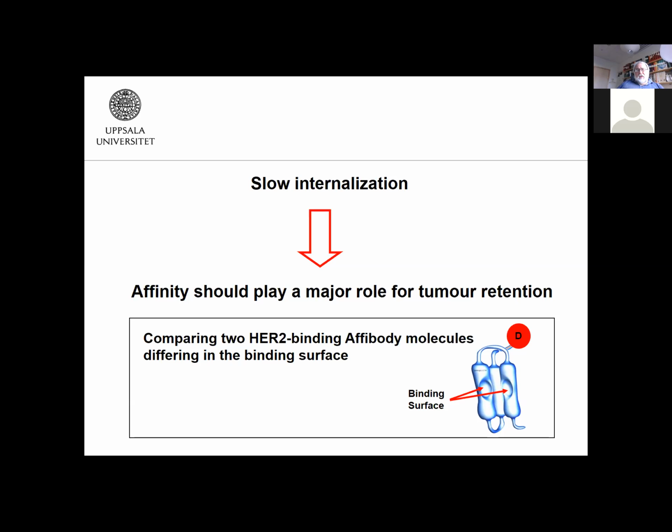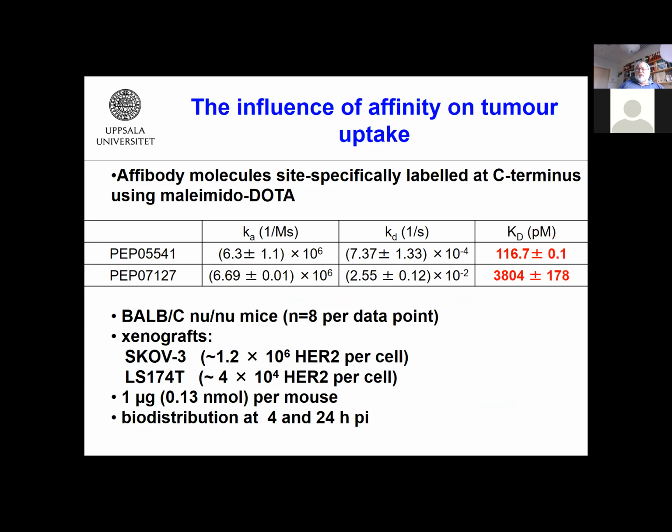However, if we have slow internalization, then we have a reversible process. There is a possibility that Affibody molecules would dissociate from the surface of the cancer cell. And then we need to know to which level we have to raise affinity to provide good targeting.